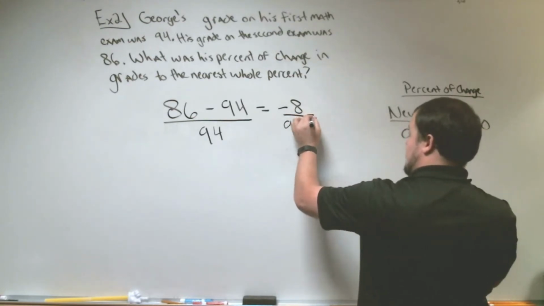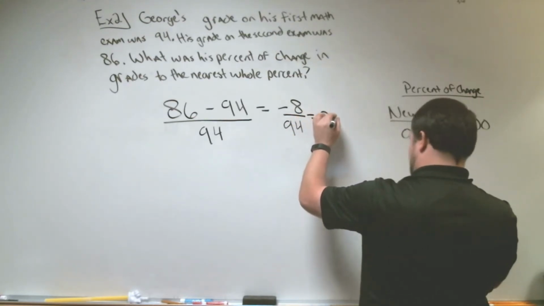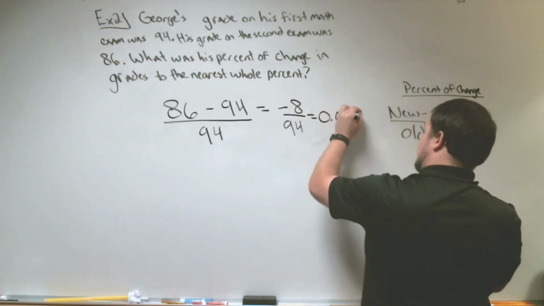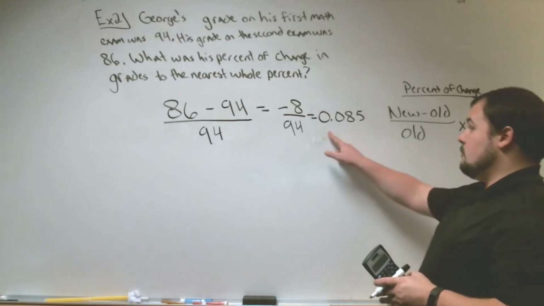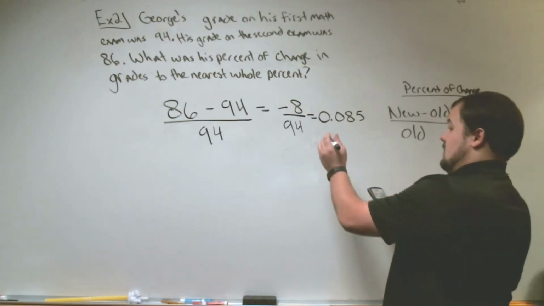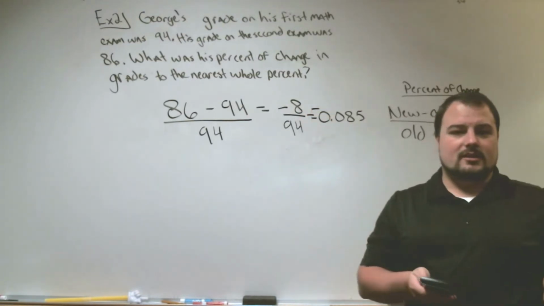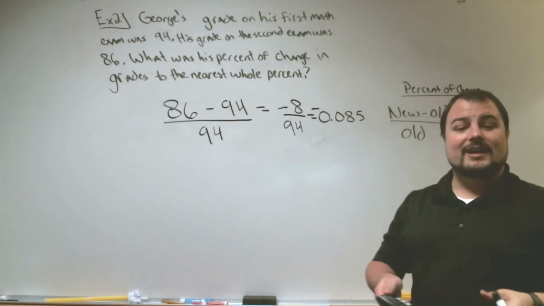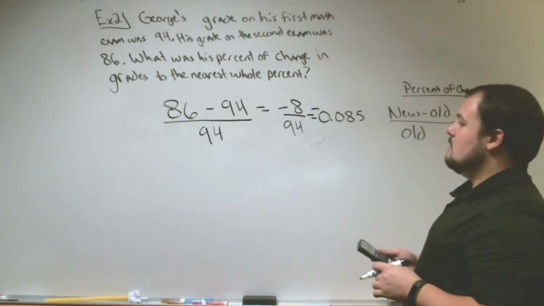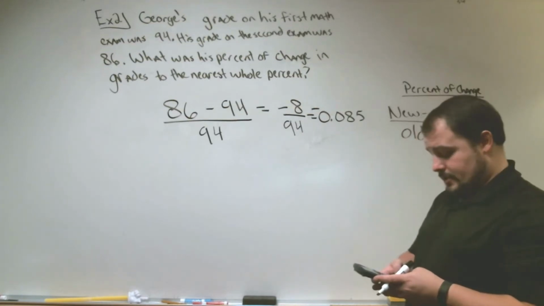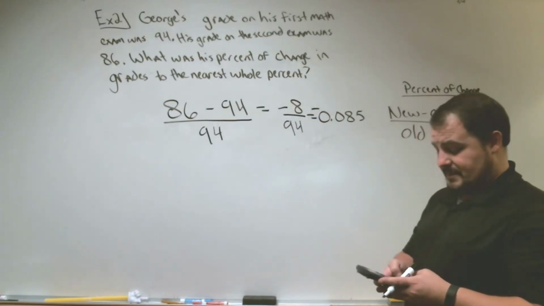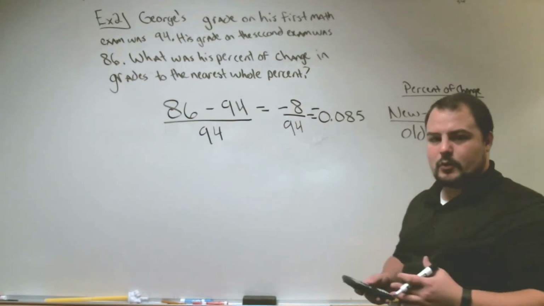If we type that in our calculator, we get 0.085. And you want to go 3 decimal spots. So 0.085, and it's actually a negative. And it should be a negative because the amount that he got went down. So now we take this decimal, 0.085, and times it by 100, and we get 8.5.